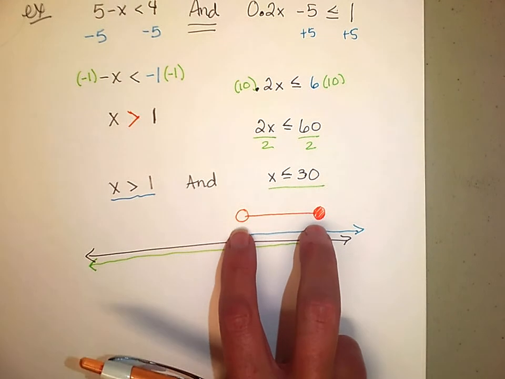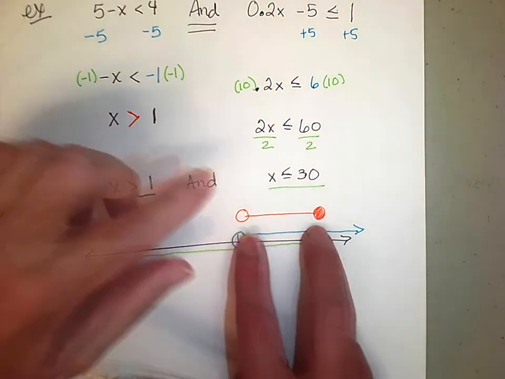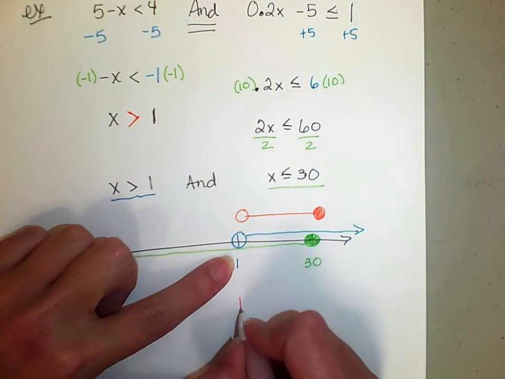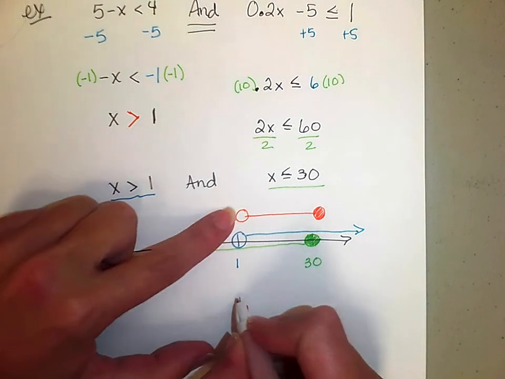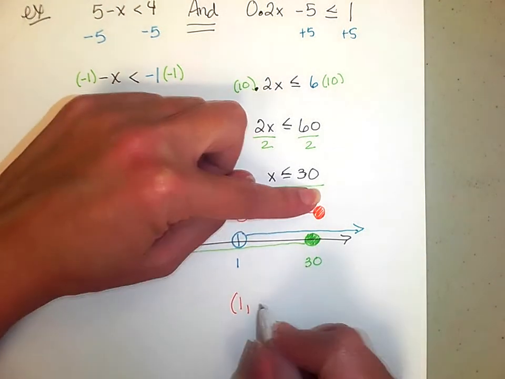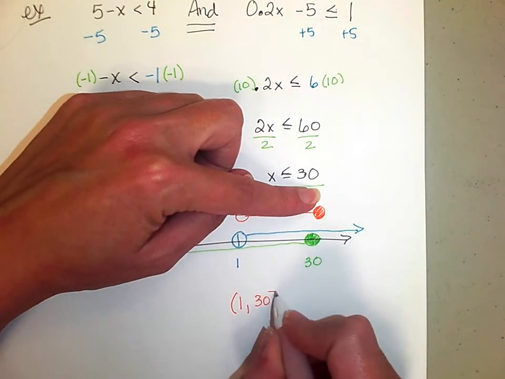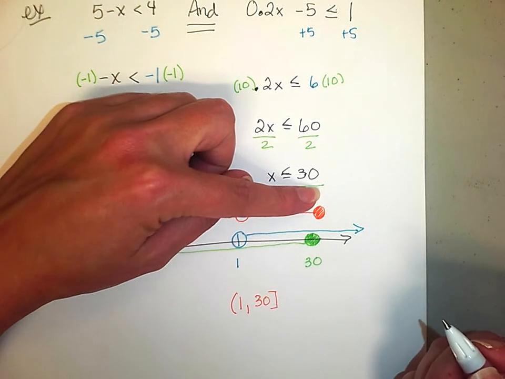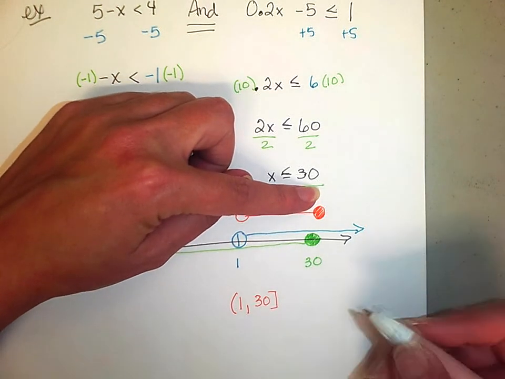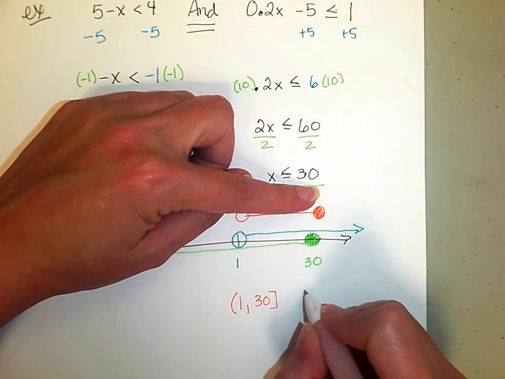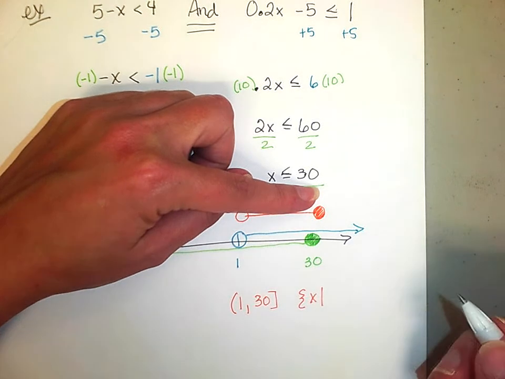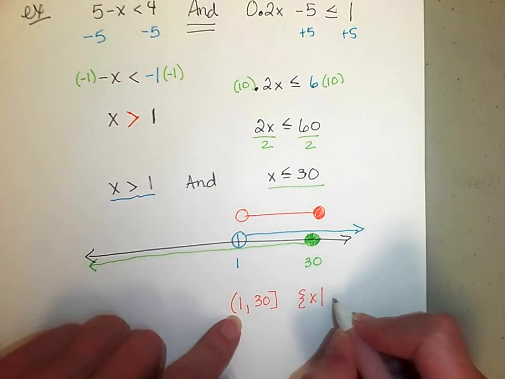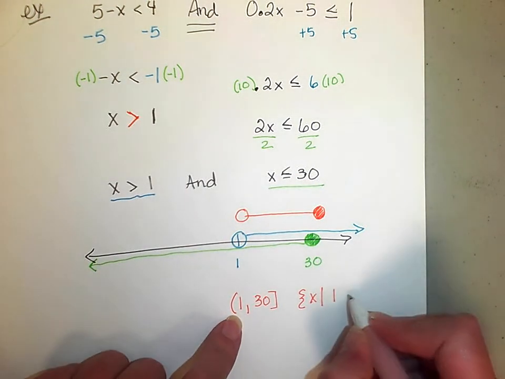So this represents what our actual solution is. And now let's just write it in interval notation. So the first one is 1, but it's not included. And the highest number we can take is 30, and it is included. If I wanted to write this in inequality or set builder notation, it'd be the set of all x such that the lowest bound is 1.